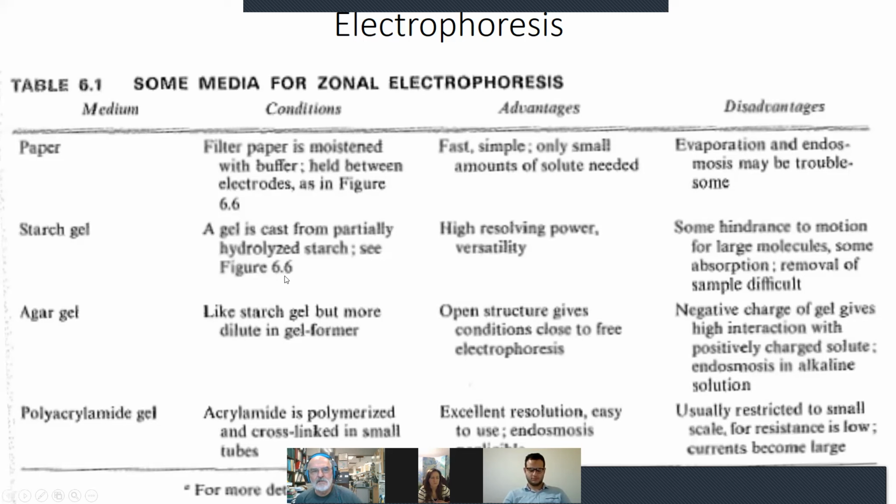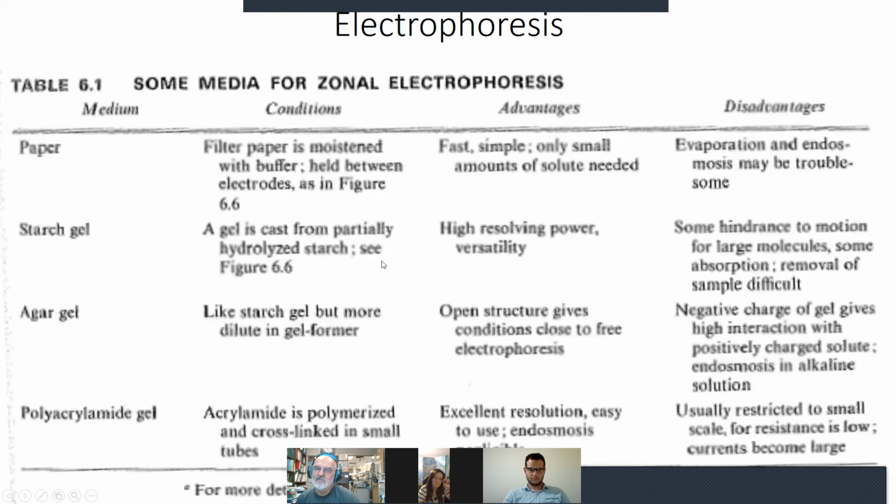There's a figure in the text that I think we're going to see in a few moments. It worked pretty well, but basically the starch created a porous gel, and the size of the pores was sort of one size fits all. All you got was whatever the starch gave you.